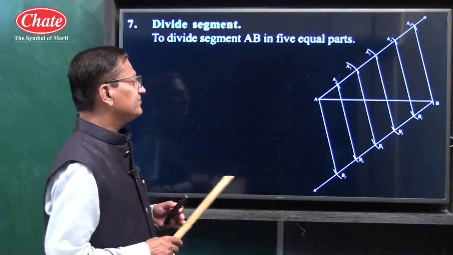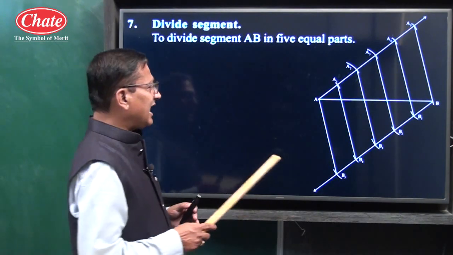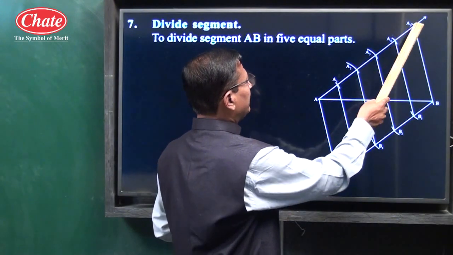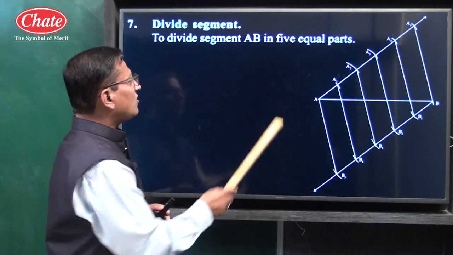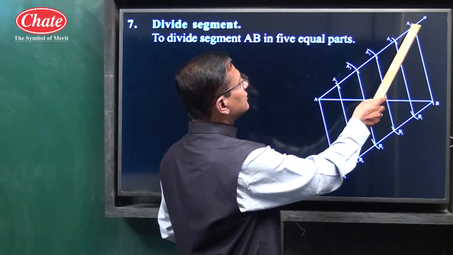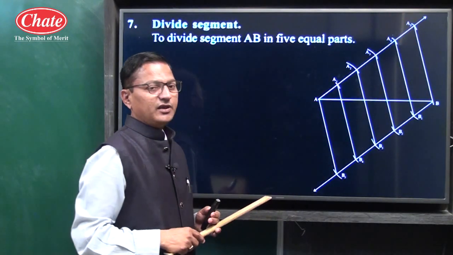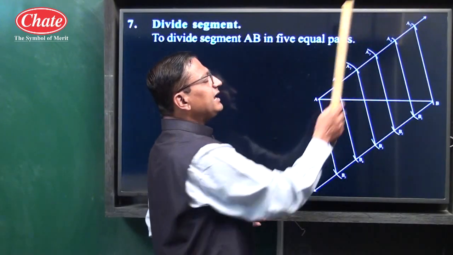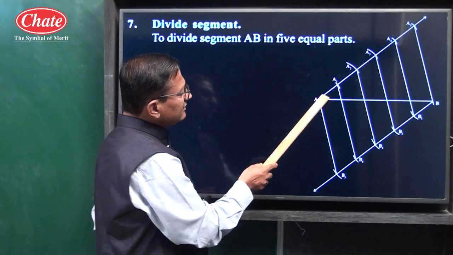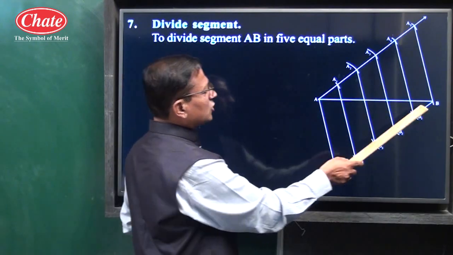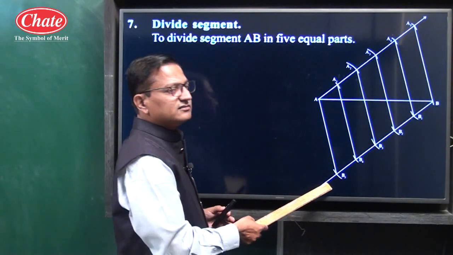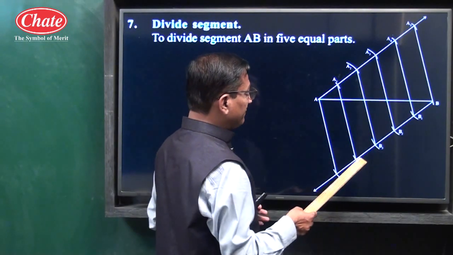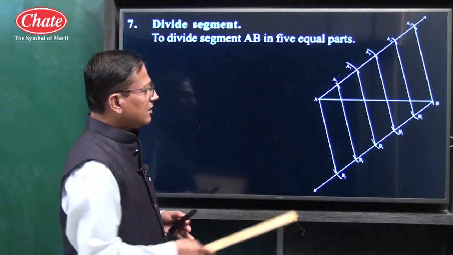Take compass, take any suitable distance and draw arcs A1, A2, A3, A4, A5. Here we have to draw 5 equal parts, therefore draw arcs up to A5. If 7 equal parts, then draw arcs up to A7. Similar distance, draw the same arcs on the lower side angle: B1, B2, B3, B4, B5.